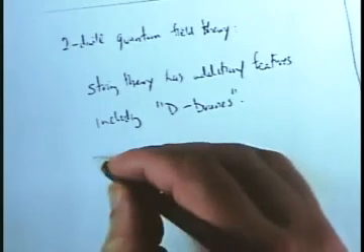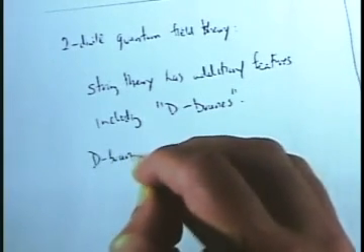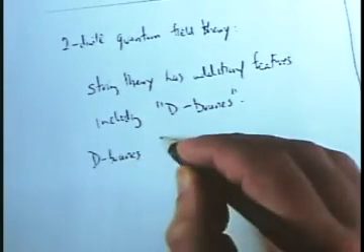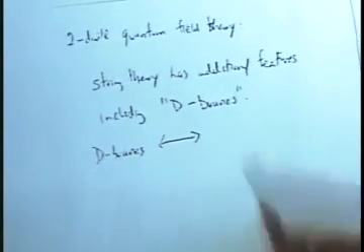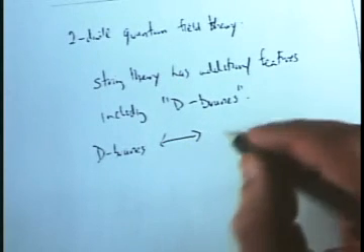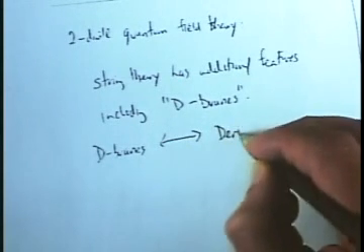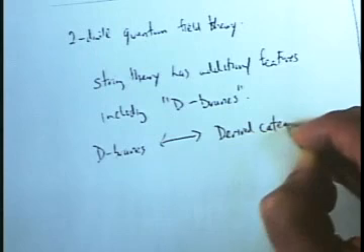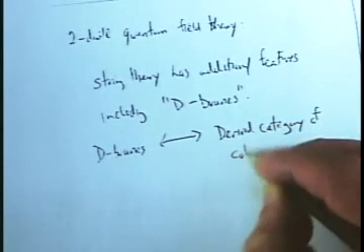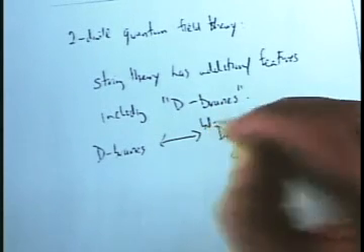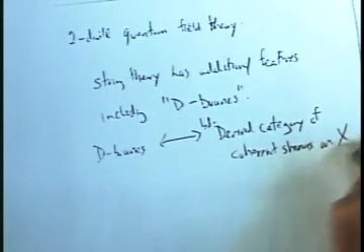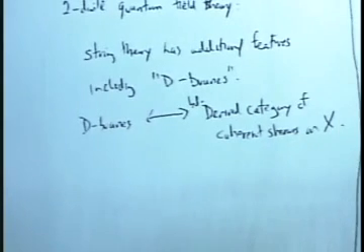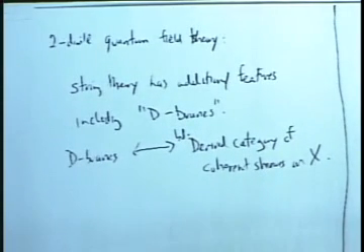And D-branes, it's been proposed, can be identified in the context of this topological A model that we're now discussing with the derived category of coherent sheaves, the bounded derived category of coherent sheaves on X. Okay, so that seems like a pretty severe mathematical machine to drag into the picture at the moment.